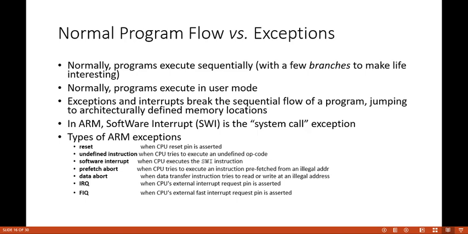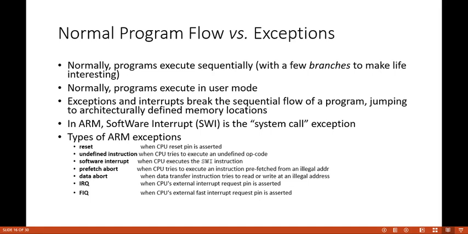Now, what are the different types of ARM exceptions? A total of 7 ARM exceptions are listed here: reset, undefined instruction, software interrupt, prefetch abort, data abort, IRQ and FIQ. Reset is executed whenever the CPU reset pin is asserted, meaning you are applying the reset signal to the reset pin.